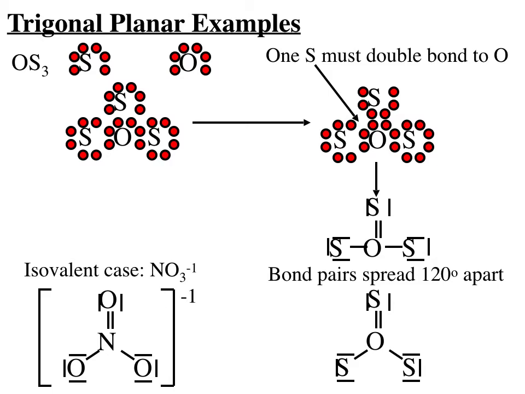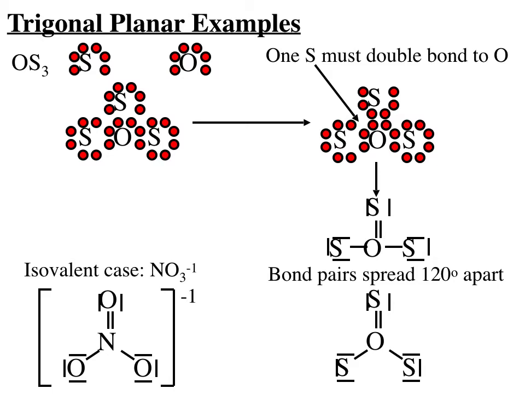So the central N begins with 5, but upon throwing another electron into it, it has 6 valence electrons, just like the O above. The 3 O's attached to it, of course, have 6 electrons, just like the 3 S's above. So there are 24 valence electrons in nitrate, just like there are 24 valence electrons in oxygen trisulfide.